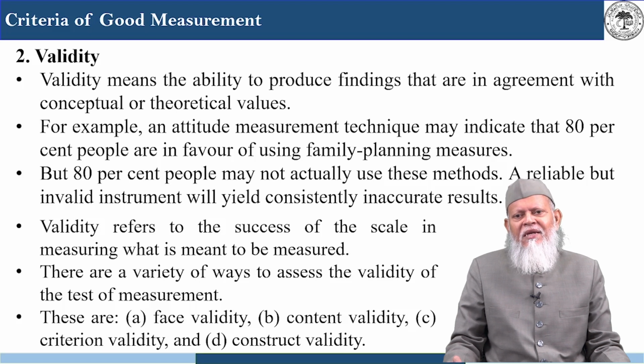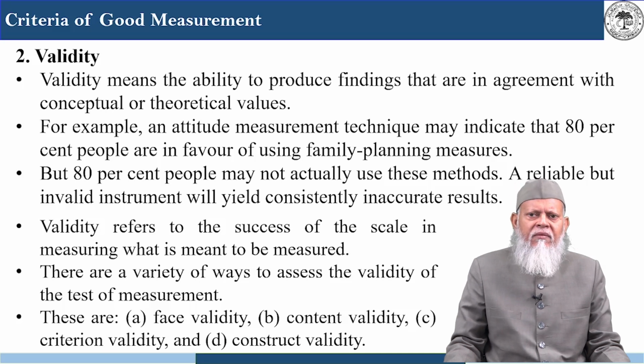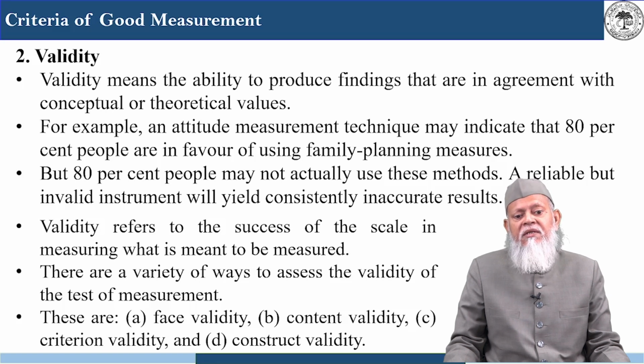So, there is a very thin difference between them, and the researchers must be very particular in this context, because if they are not very careful, then they may distort this: the success of the scale to be valid is in measuring what is meant to be measured.